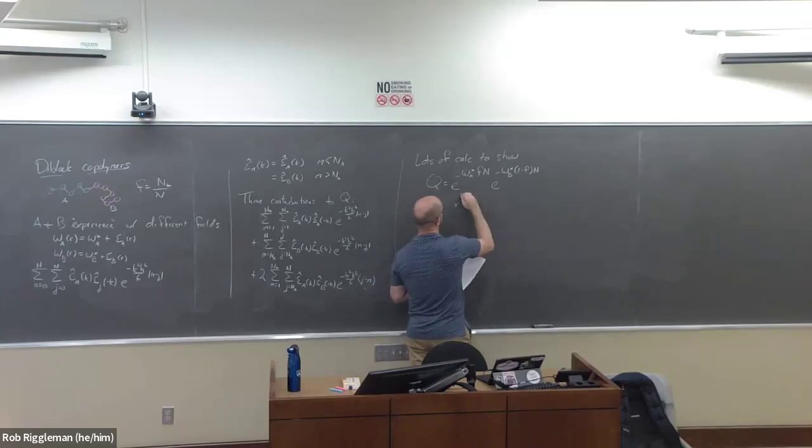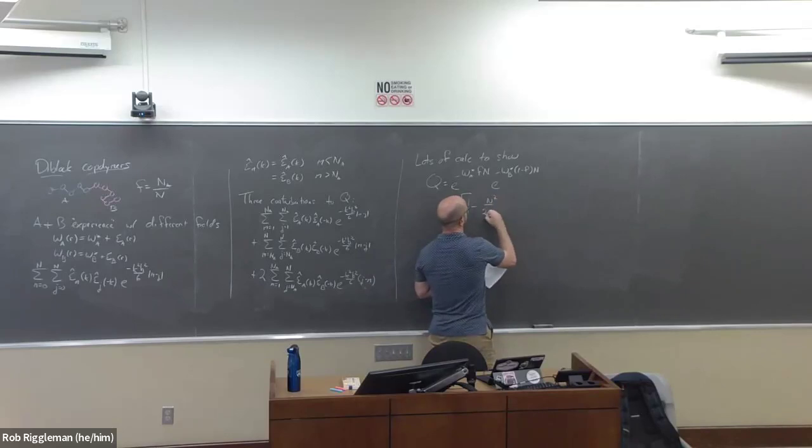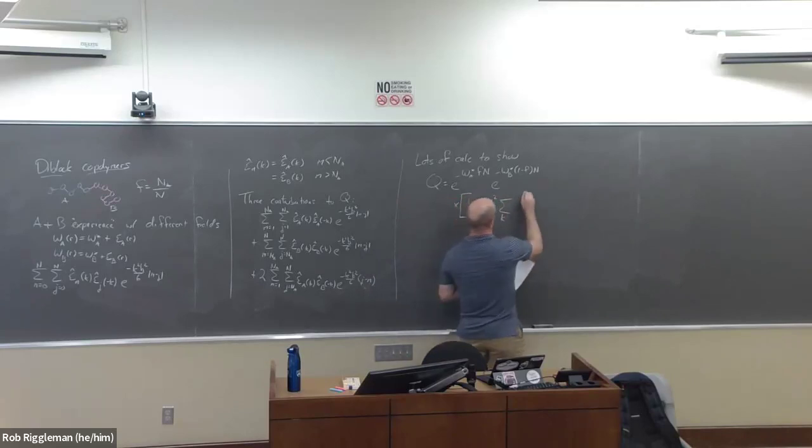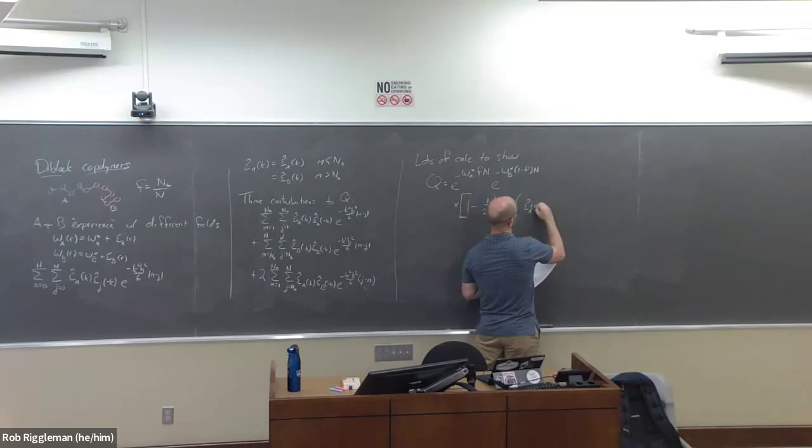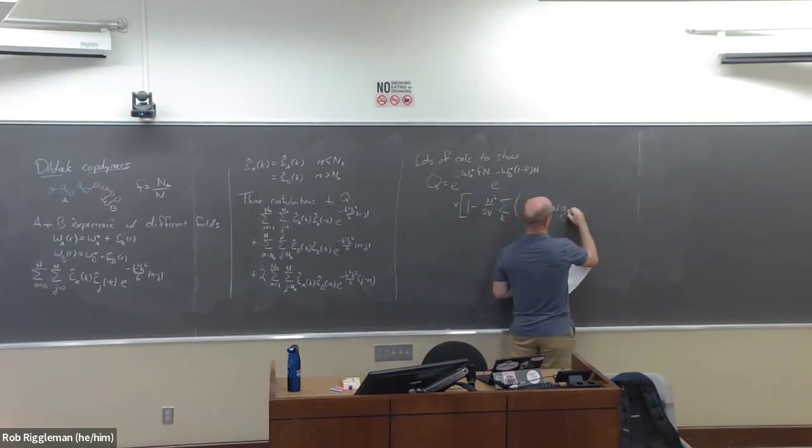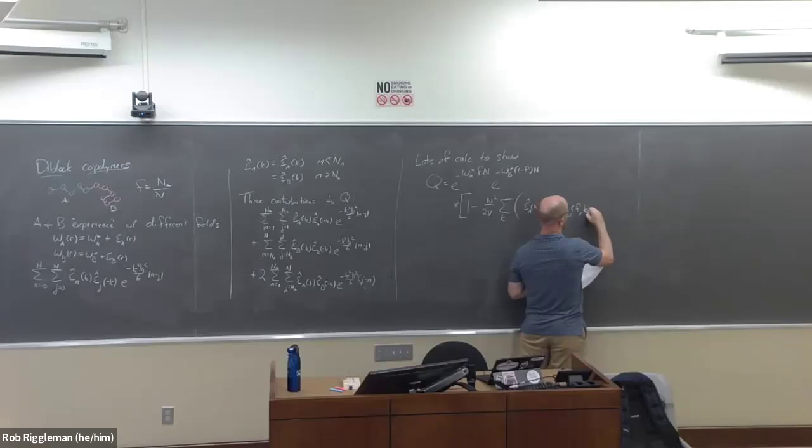And then this is times 1 minus N squared over 2V sum over K. We have a lot in here. So epsilon A hat K, epsilon hat A minus K, modified Debye function that I will define in a moment.